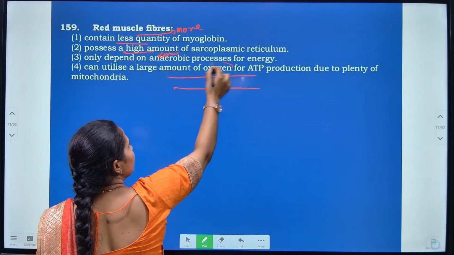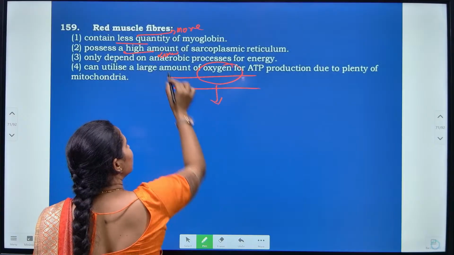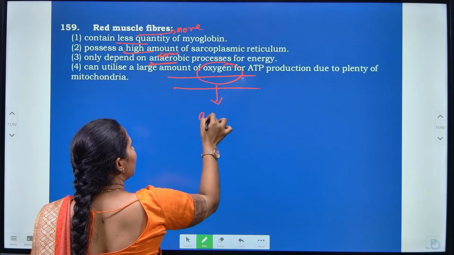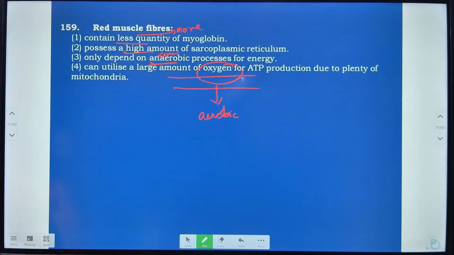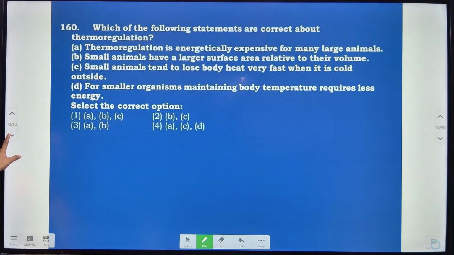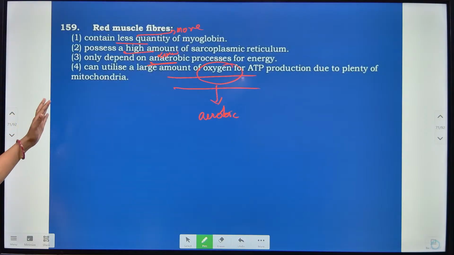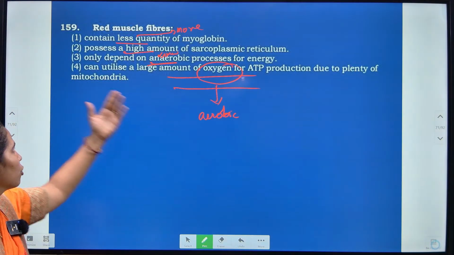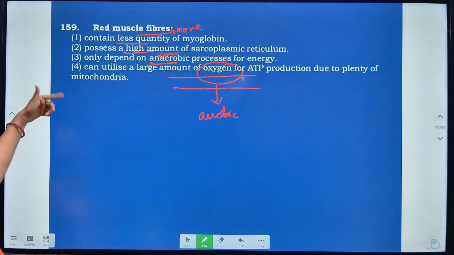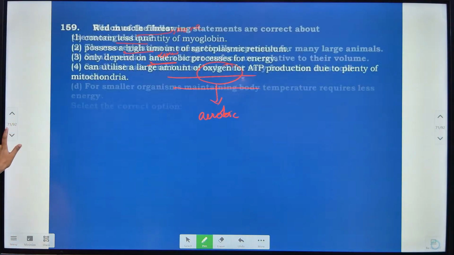As they are using oxygen, they are not anaerobic but depend on the aerobic process for energy. So you can choose the right option. The last one, the fourth one, can utilize a large amount of oxygen for ATP production due to plenty of mitochondria. The remaining three are not so.